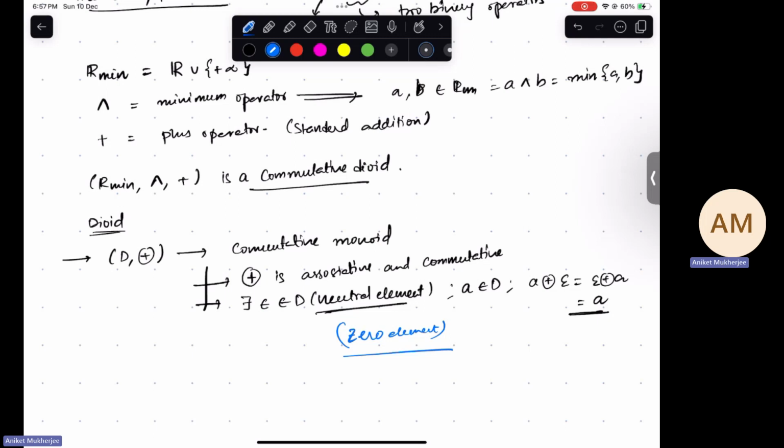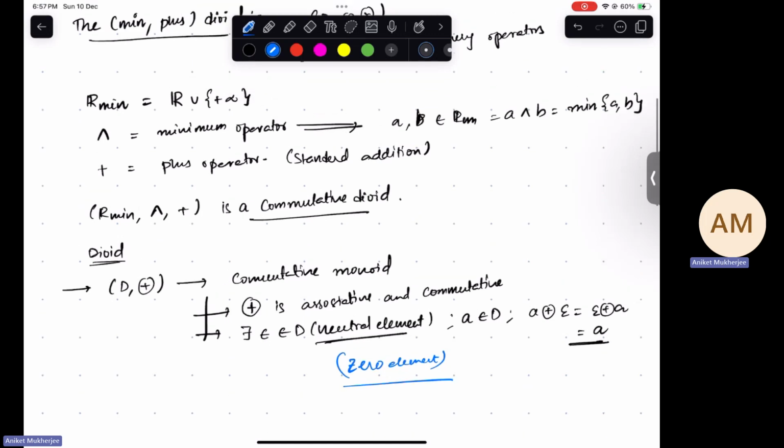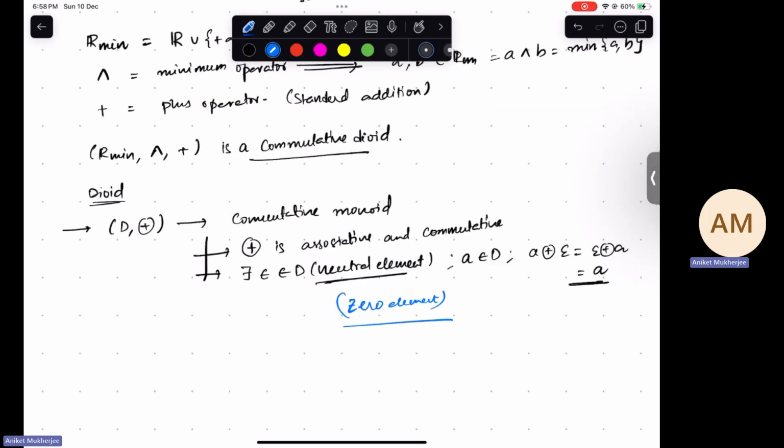But here, since the operator has changed, the 0 will not be your 0. Since this is a minimum operator, the minimum of A with plus infinity would be A. Since your set in the min plus dioid has an infinity, the neutral element here would be plus infinity. That we'll call the zero element for the dioid.